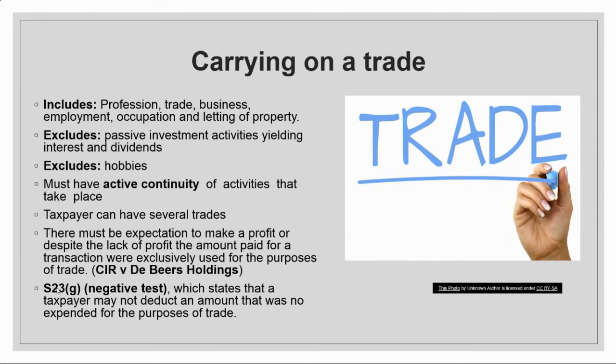Okay. Another thing is there is an expectation that a business makes a profit. It doesn't mean that the business has to make a profit. So you've created that business to actually make a profit. The fact that you're making a loss is fine, because depending on your business and the economy, and a lot of other factors, you can run a loss during the year and you are allowed to deduct the expenses.